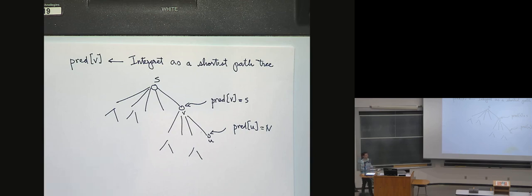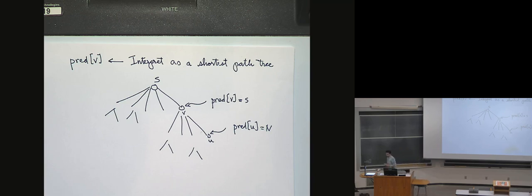So why is this a tree? What makes this a tree? It has nothing to do with the algorithm itself. It just has something to do with the fact that predecessor is an array. Yeah, I have a small question. That's a V, right?